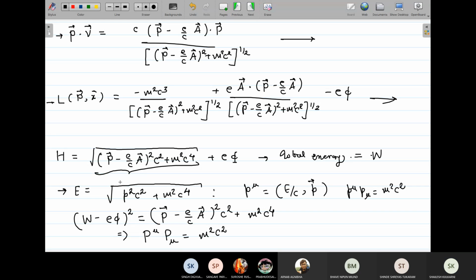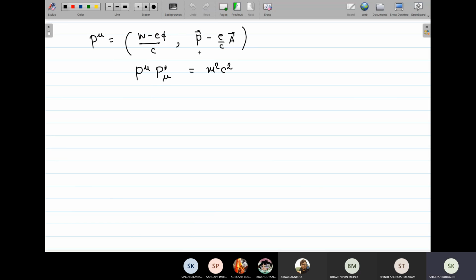Is it clear? When I write this relation, this is the spatial component of this 4-vector, and this is the zeroth component of this 4-vector. There are several P's occurring, so you should be careful. This is your canonical momentum, and this is your canonical energy.